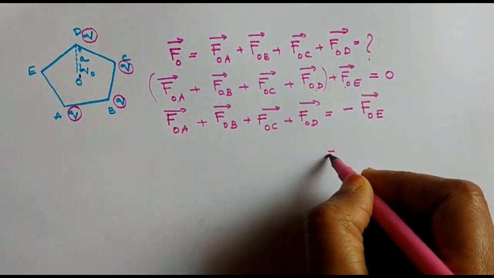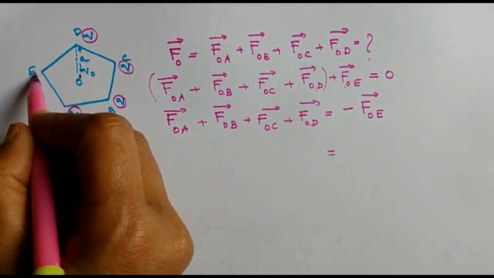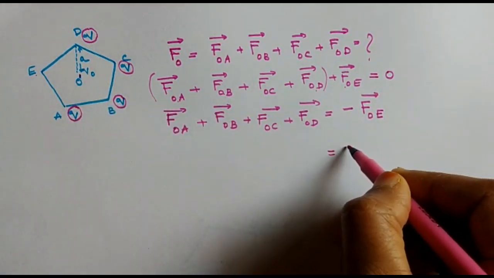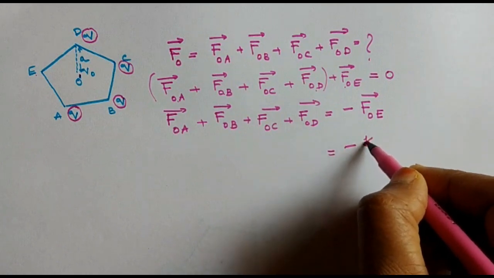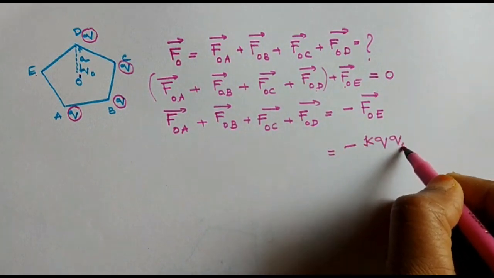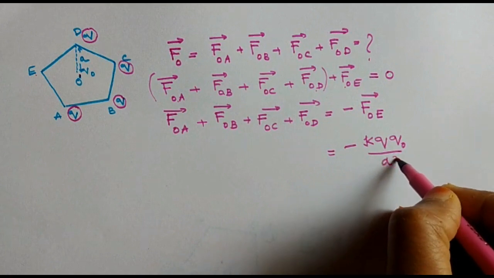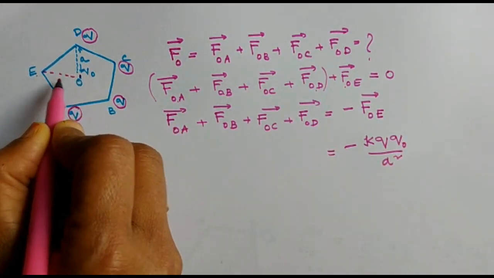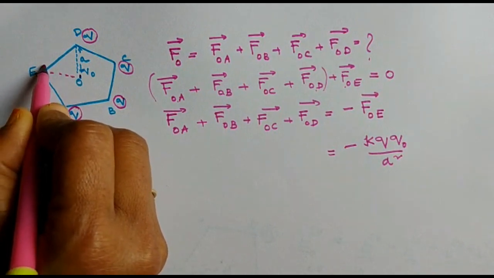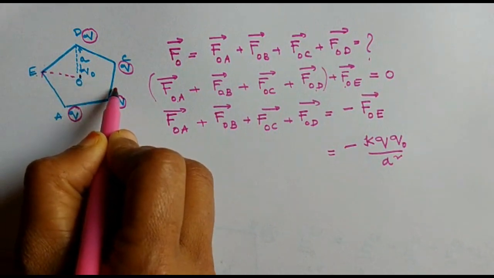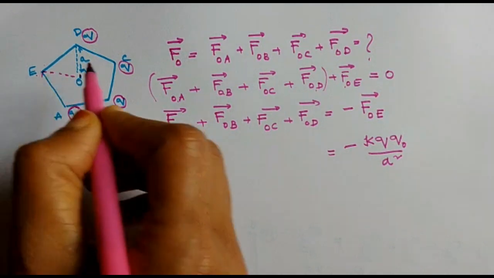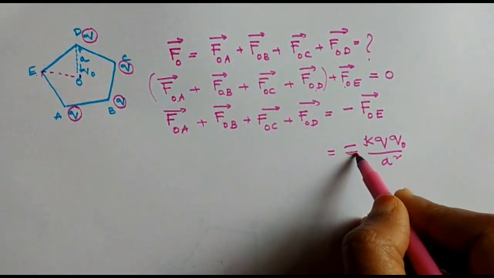This you can easily determine. We know the force between O and E if there was a charge Q at E. Minus indicates direction anyway. So minus of K Q Q0 divided by A square. Let us see what that minus sign indicates. If there had been a positive charge here, Q0 would have been repelled, but opposite to this will be the direction. So here minus indicates the direction.